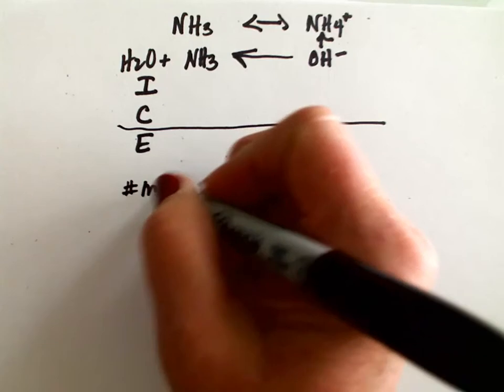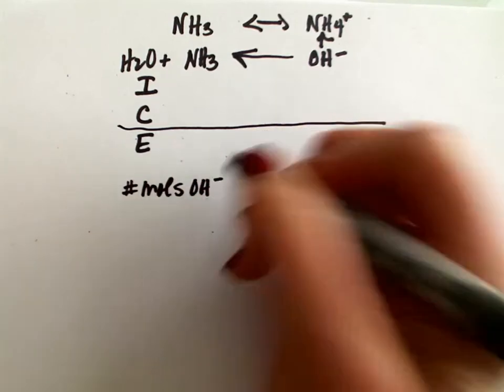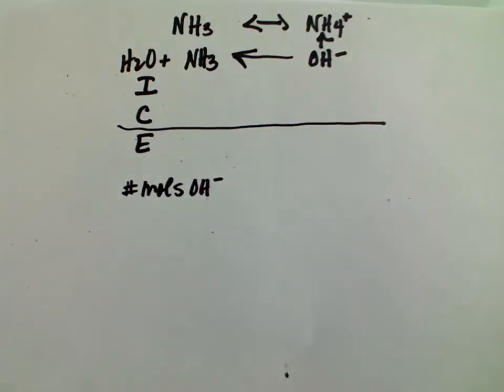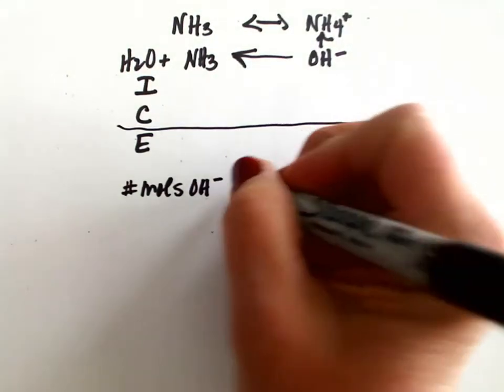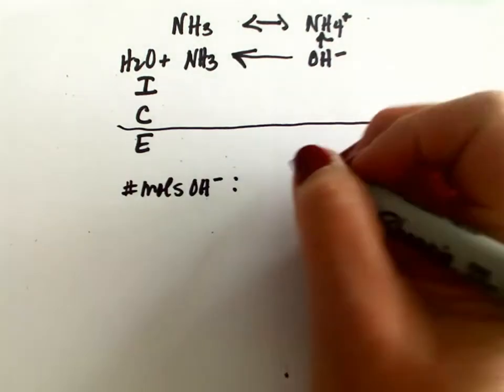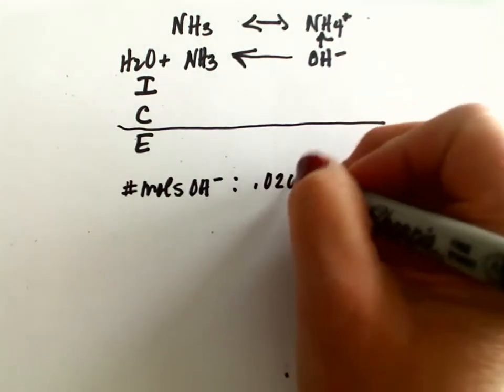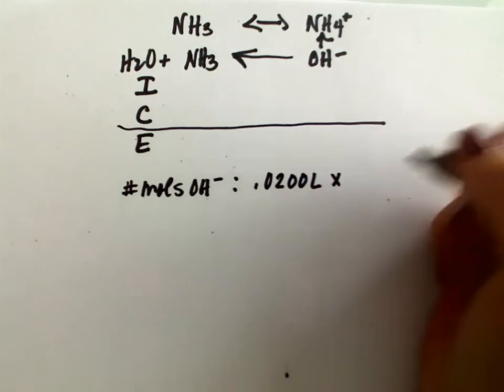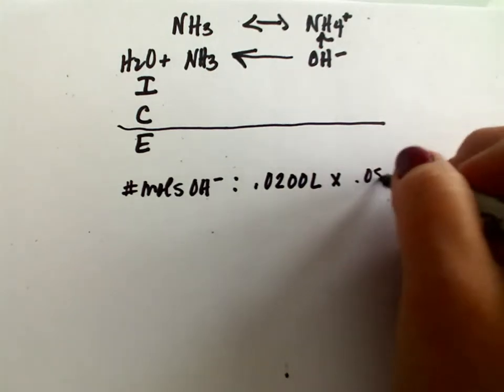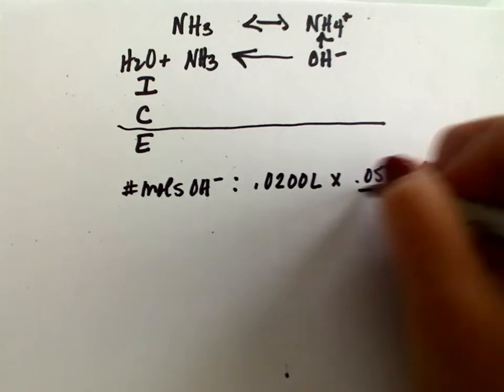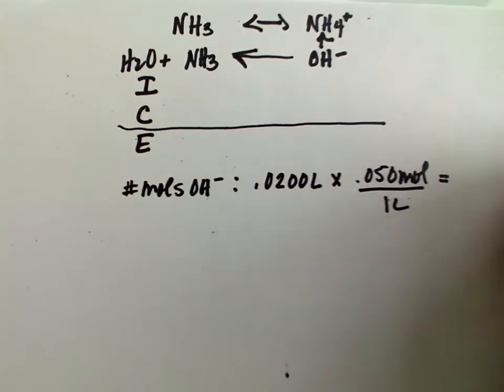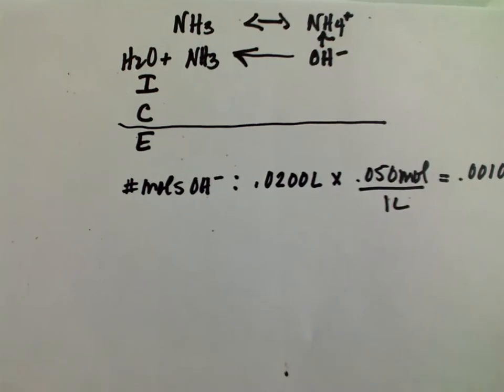Okay, so first calculation, I'm going to calculate the number of moles of hydroxide ion. This was sodium hydroxide, strong base, 100% ionization. And we're adding, looks like 20 mLs. So converting that to liters, we have the molarity of 0.050 mole per 1 liter. So the number of moles of hydroxide ion that are added to the buffer are 0.0010 moles.